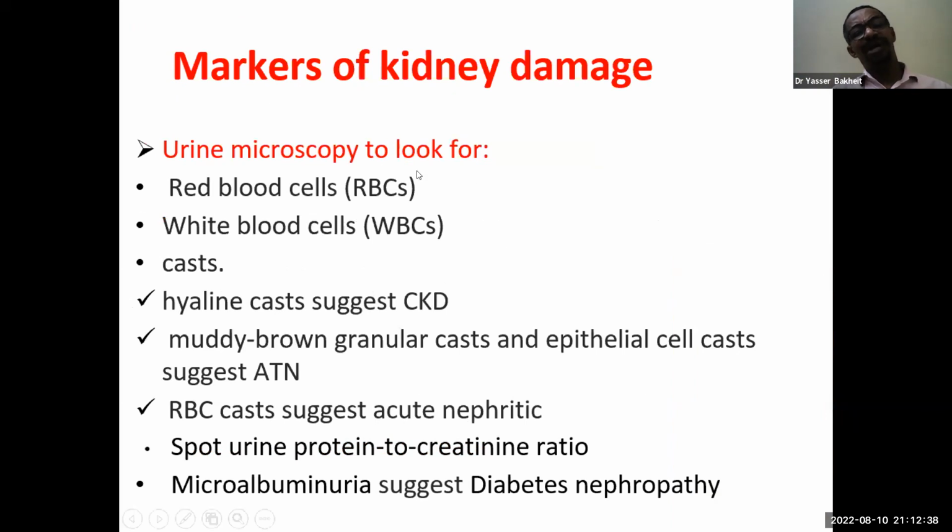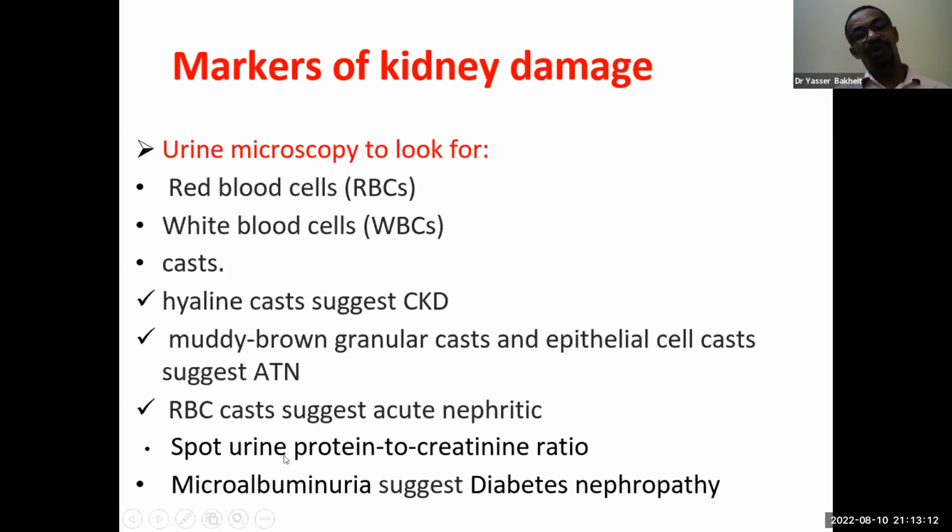Another marker, urine microscopy, looks for RBCs in the urine, mainly indicating IgA nephropathy or other glomerular disease, or white blood cells, or casts. Usually in chronic kidney disease we find hyaline casts. Muddy brown granular casts and epithelial casts suggest acute tubular necrosis, and RBC casts suggest acute nephritis.